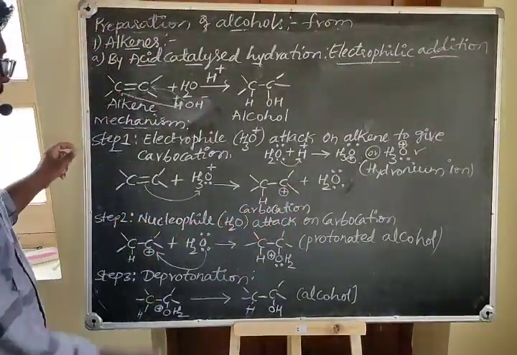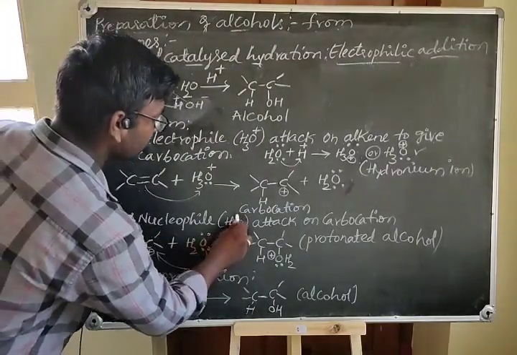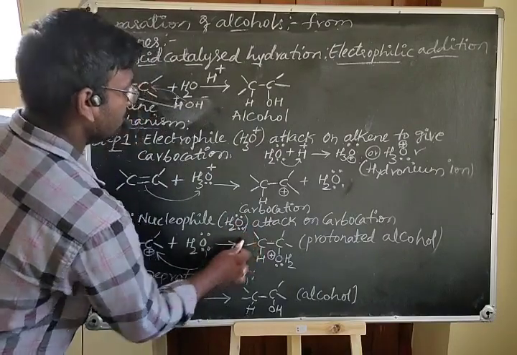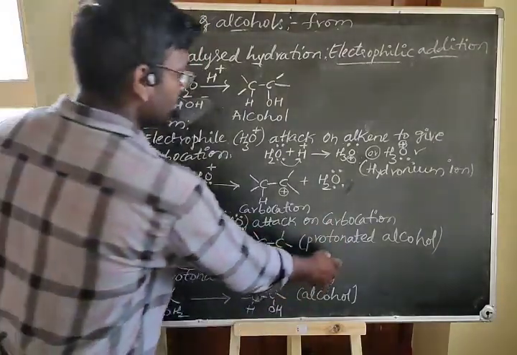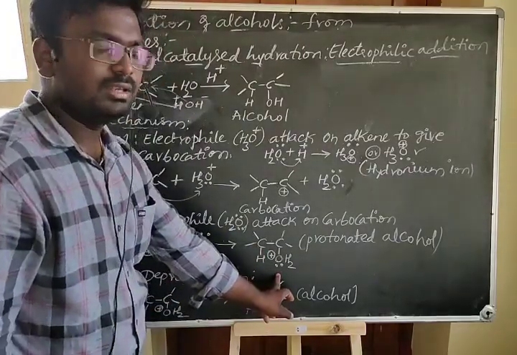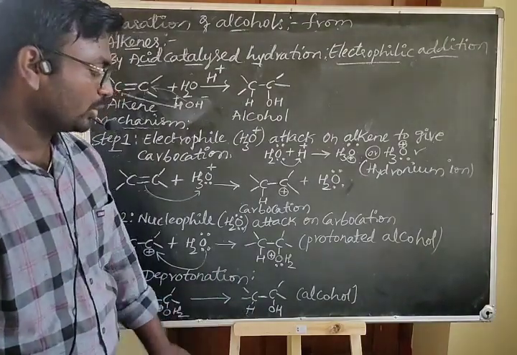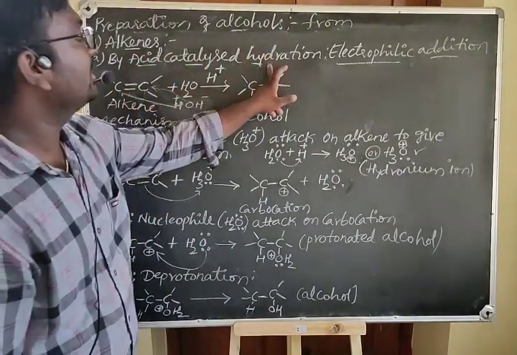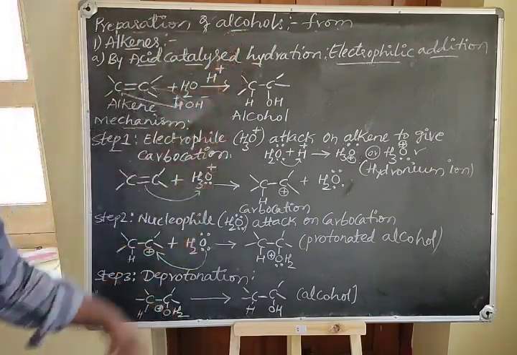The second step is the nucleophile, that is H2O acts as a nucleophile here due to the presence of a lone pair of electrons on the oxygen. The nucleophile attacks the carbocation and gives the protonated alcohol in this way. And this is unstable, therefore it undergoes deprotonation, which means the removal of a proton. So this is all about the acid catalyzed hydration of alkenes to give alcohols.